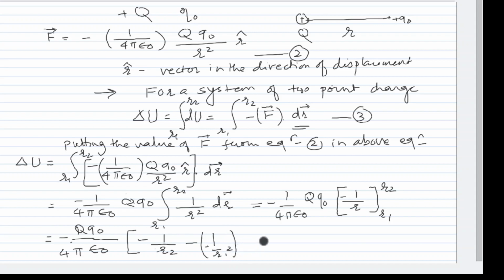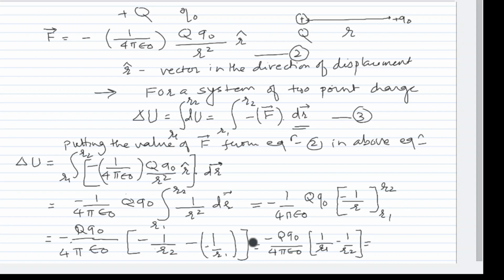So after simplifying we will get here minus q0 upon 4 pi epsilon 0, and whatever positive thing we will take, 1 upon r1, and this will become minus 1 upon r2.